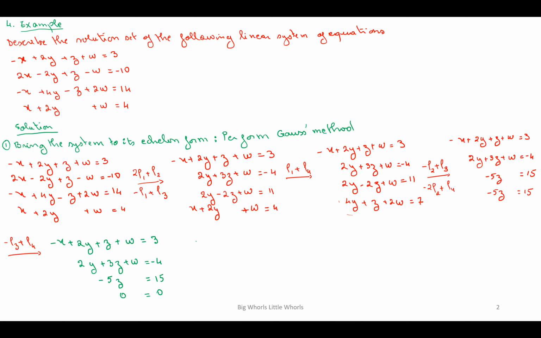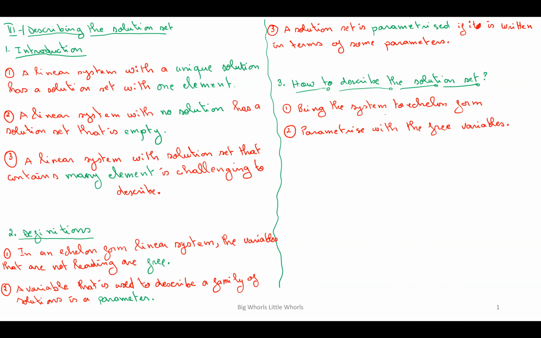So step number 2, if you remember how to describe the solution set, we need to bring it to the echelon form, which we have done. Now we need to parameterize it with the free variables. Parameterize means write the leading variables in terms of the free variables.